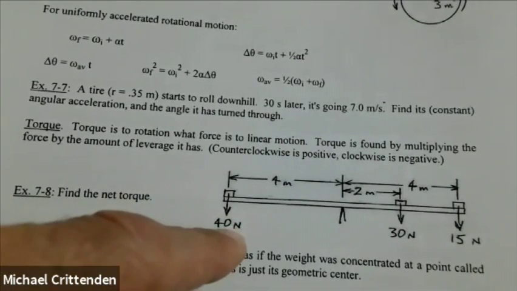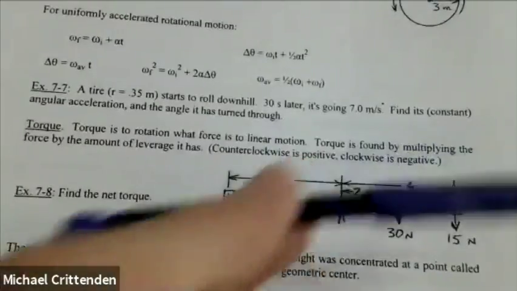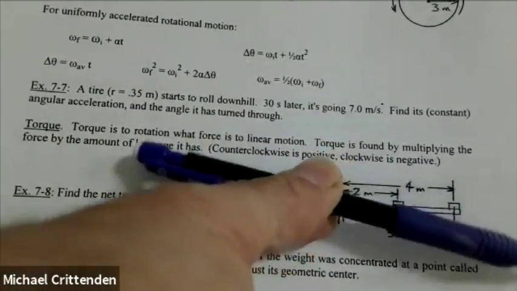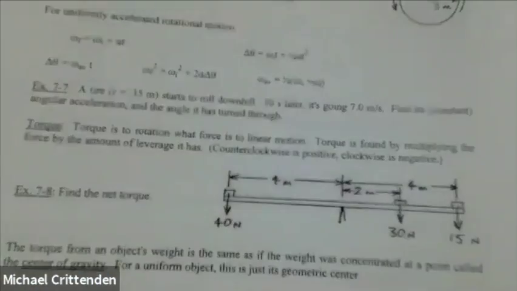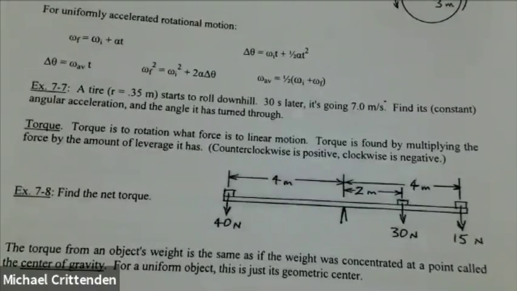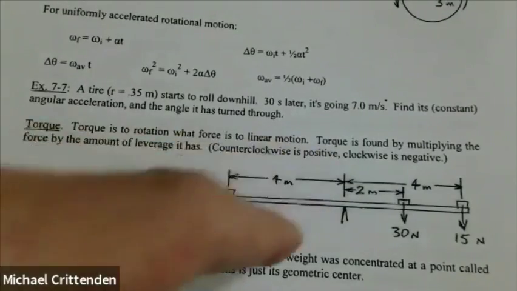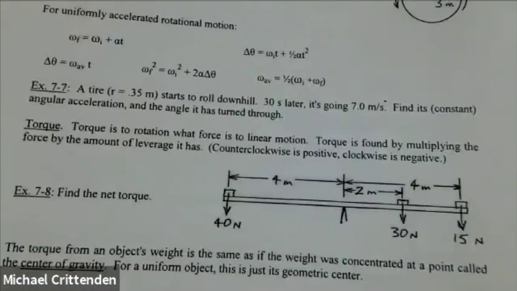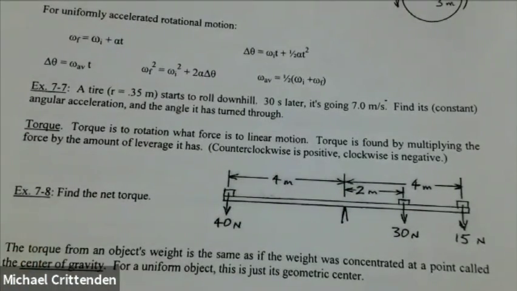This is trying to turn the seesaw in one direction, and the other two are trying to turn the seesaw in the other direction. And the usual convention is to say that counterclockwise is positive. So that's what's going on there.